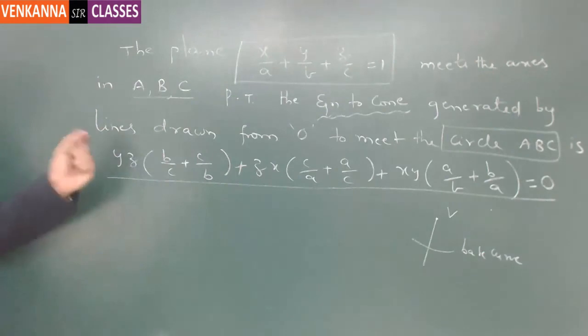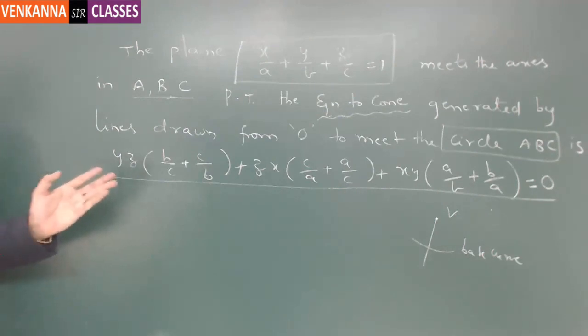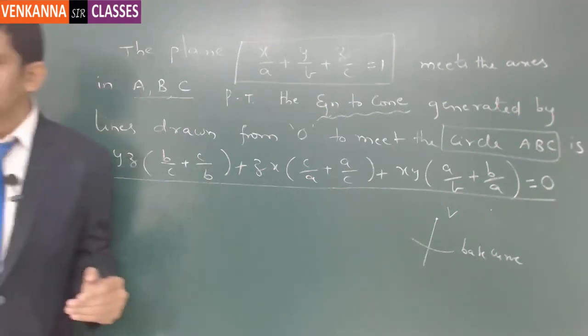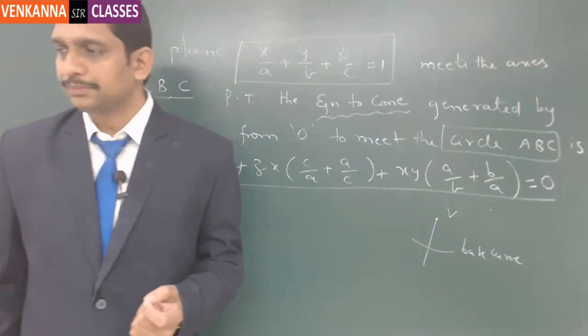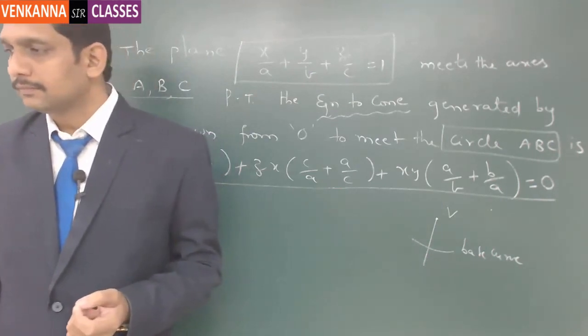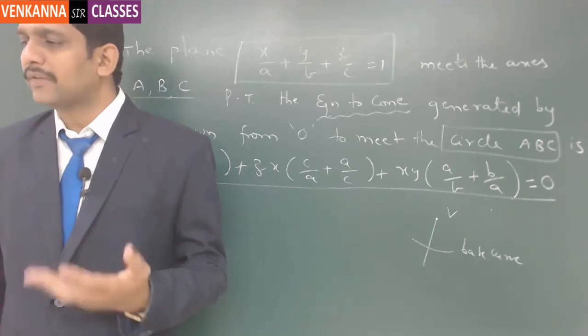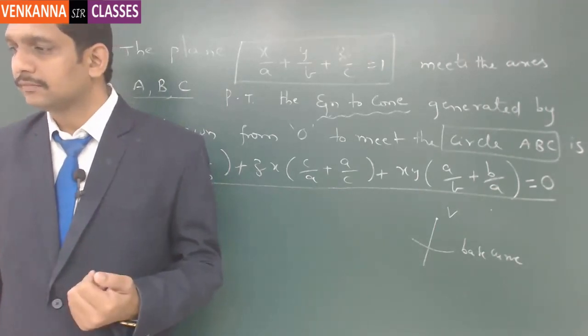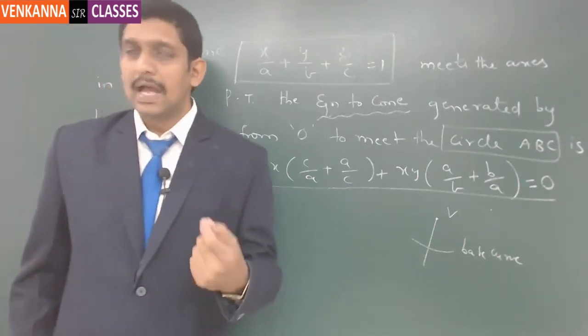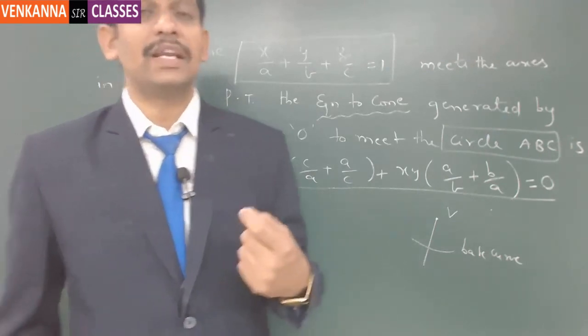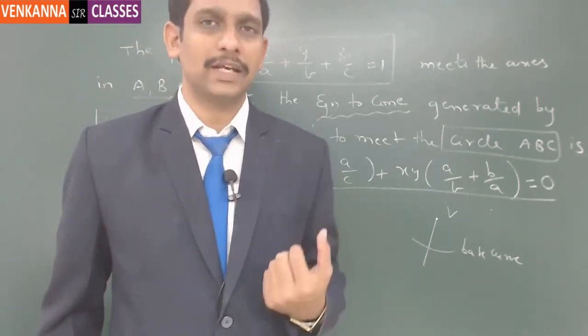Now tell me how a circle forms. As per the previous topics in the discussion of solid geometry, how do we get a circle? So when a plane and a sphere intersect, you will get a circle.